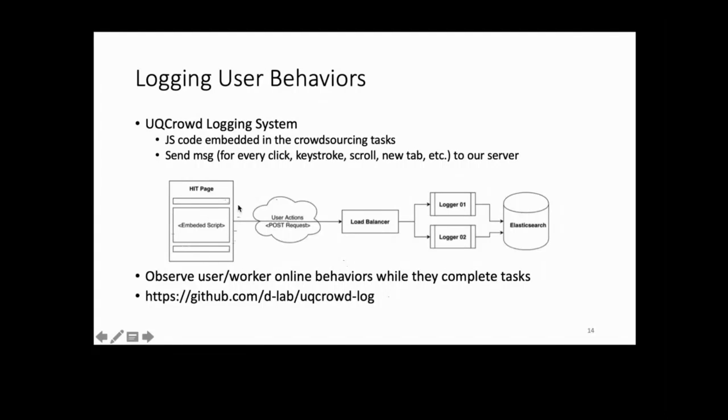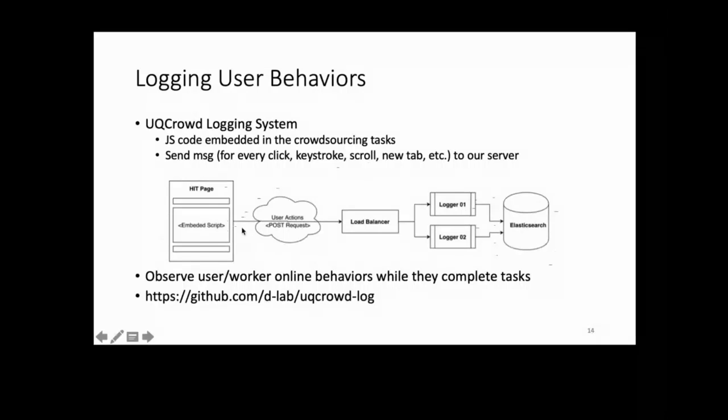So this represents a crowdsourcing task, but it can actually be any HTML page which is available on the web. In this page, it is possible to embed some JavaScript code which will not change the way the page is presented to users in browsers and mobile phones. But what this JavaScript code does is that at every one of these actions, it sends a message to a server which is storing all this data.